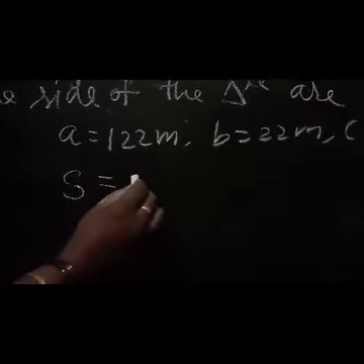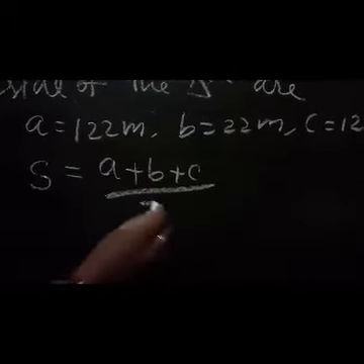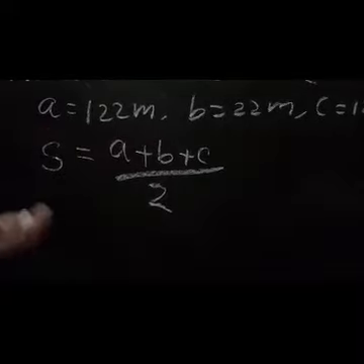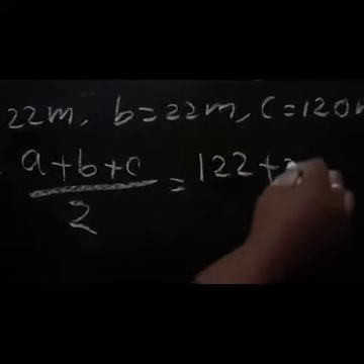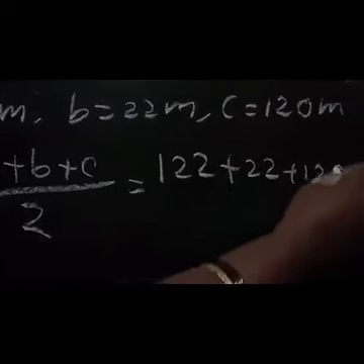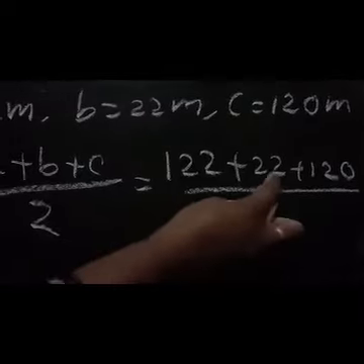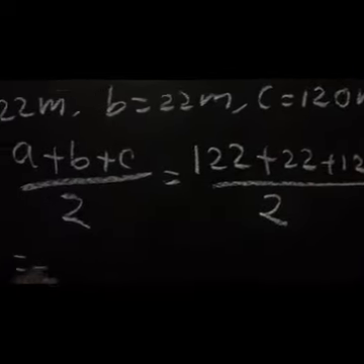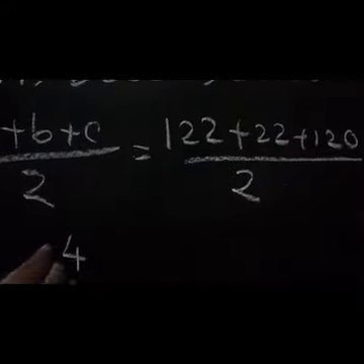semi-perimeter. Semi-perimeter, the formula is A plus B plus C divided by 2. So we have here 122 plus 22 plus 120 divided by 2. All if we add 2 plus 2 plus 0, we have 4 and 2 plus 2 is 4, 4 plus 2 is 6.